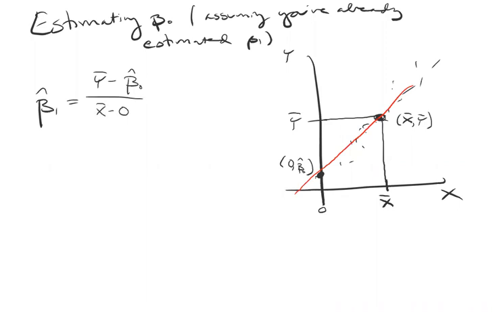I'm just subtracting the X coordinates of these 2 points. So this equation has to hold. If all I do is draw my line through these 2 points, then the estimated slope has to be equal to the difference in the Y's divided by the difference in the X's.